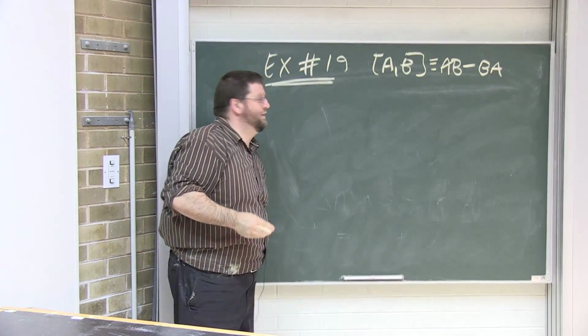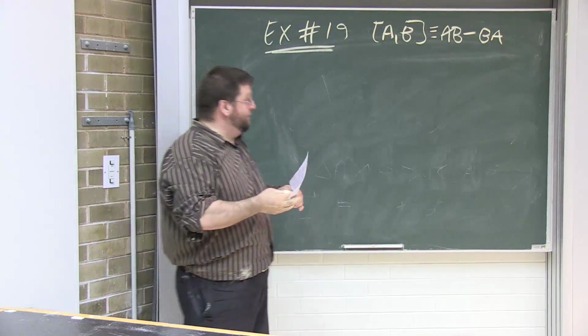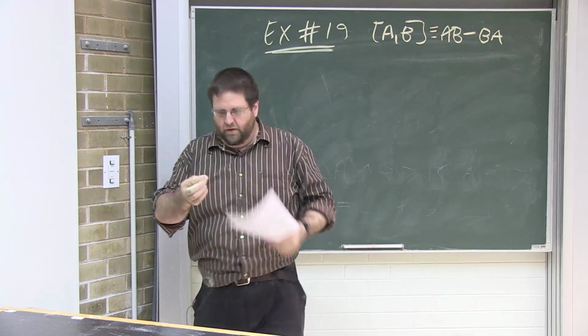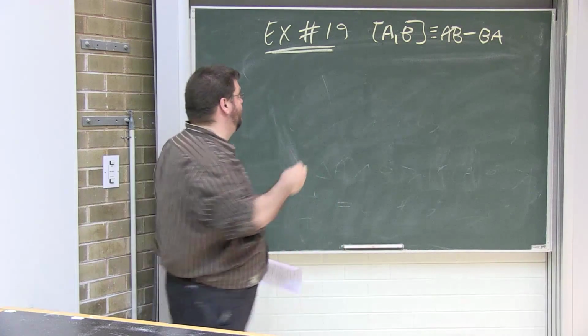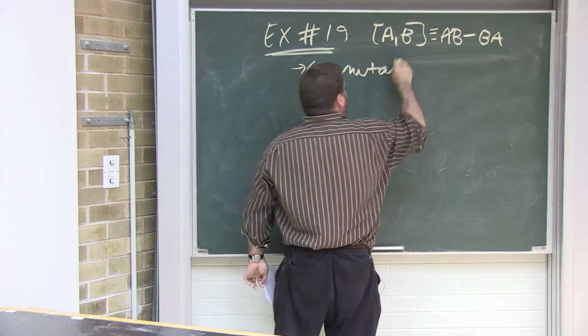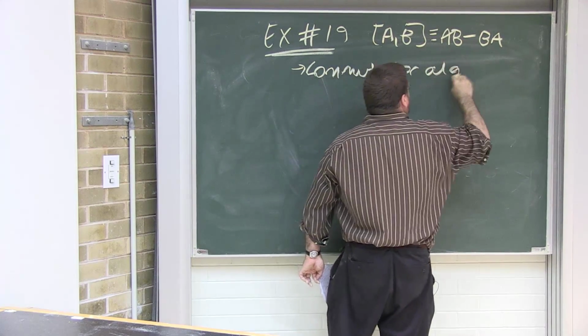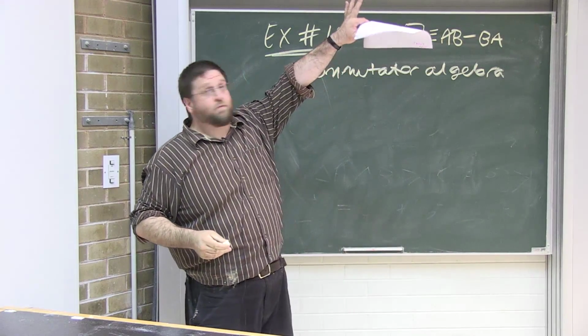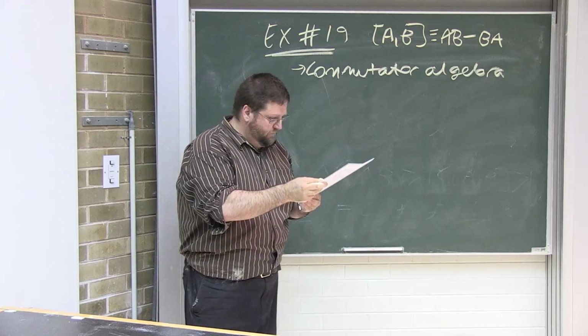The exercise 19 lists four consequences of this definition. So what we're doing here is deriving four results from commutator algebra, because we're going to be using them when we do our general theory of angular momentum.